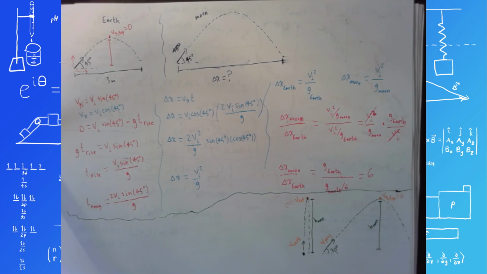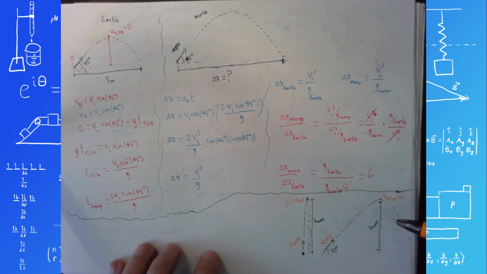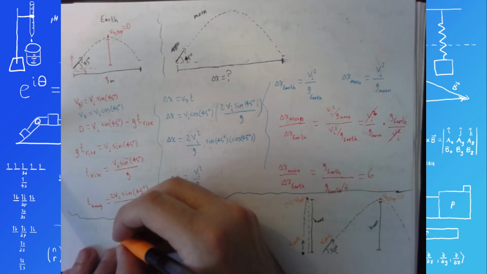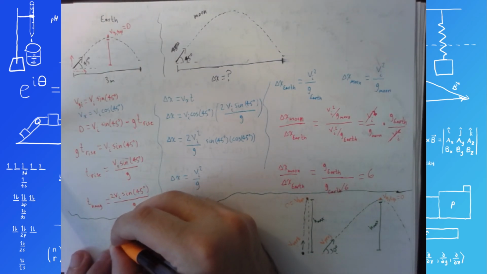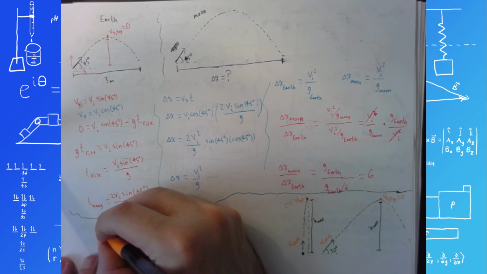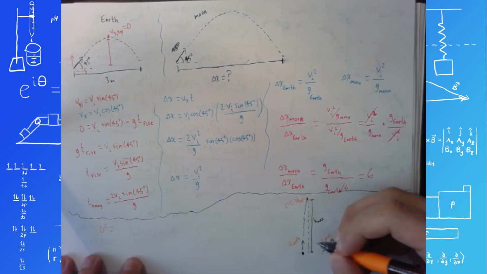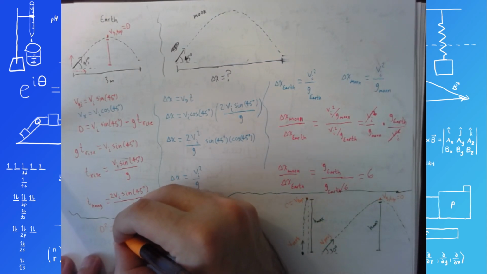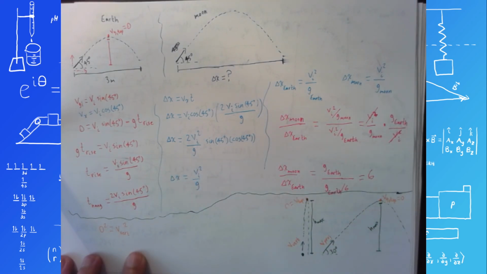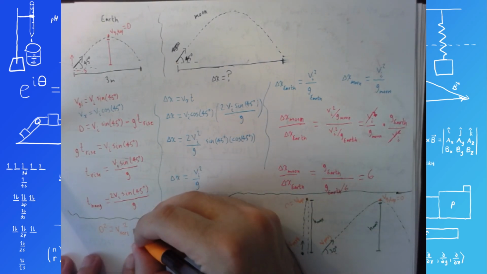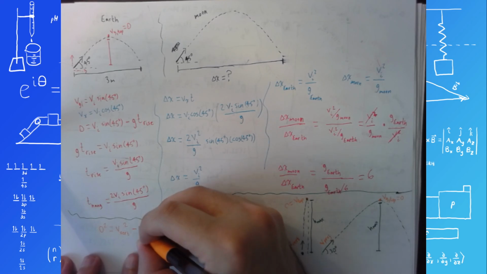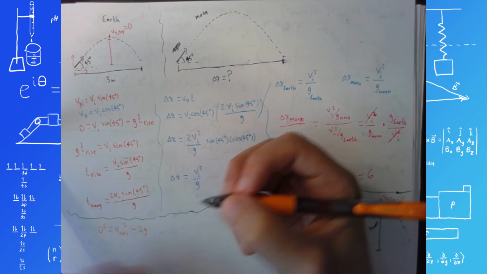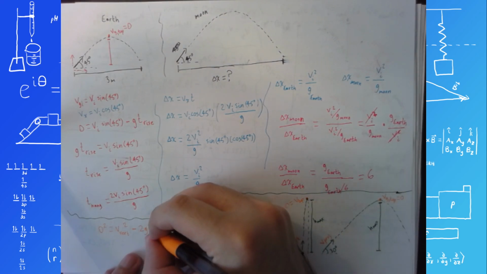That's 3 pieces of information. So I'm going to do v top squared, which is 0 squared, equals v vert squared, minus 2g times the delta y, which is just going to be h max.